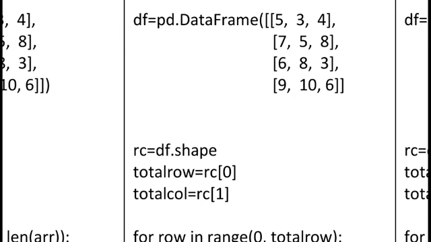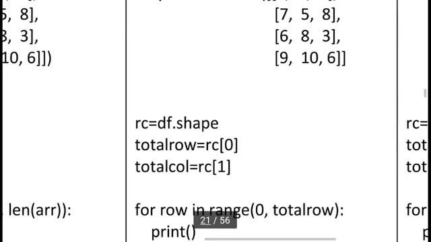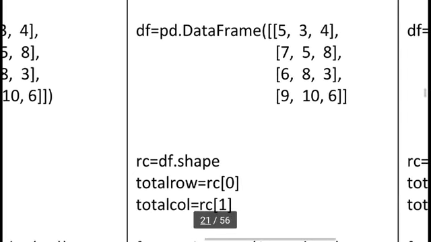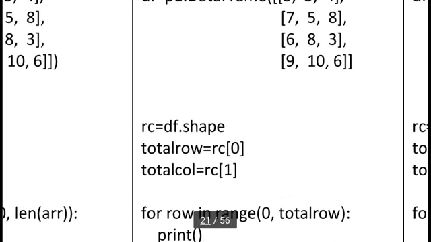So this is the internal process. rc = df.shape. We already know df.shape will return the size of the array, meaning how many rows and how many columns. So internally it will return 4, 3. So rc holds 4, 3. The 4 is our total number of rows.